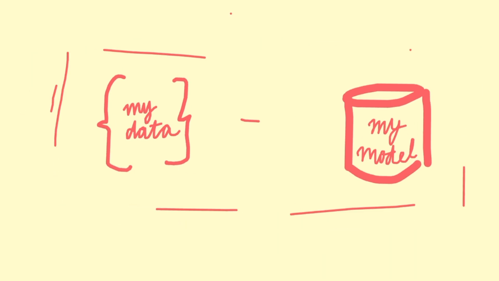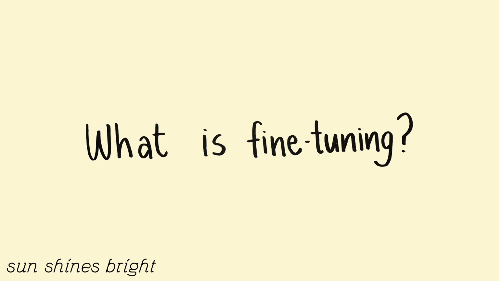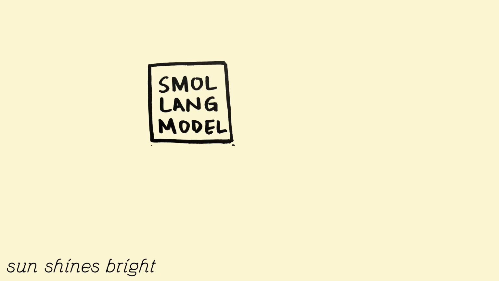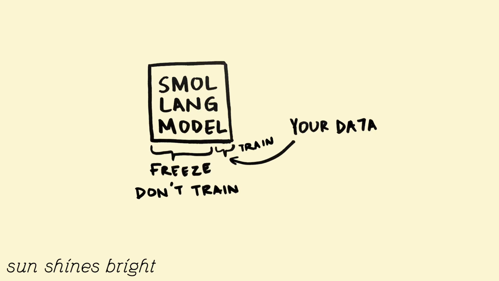So, with some research, I found that a fine tuning process would be a good option. What this means is that if you have a small language model, you can add more of your own data and style by first freezing like 90% of the model and then training only that small 10% that's left.